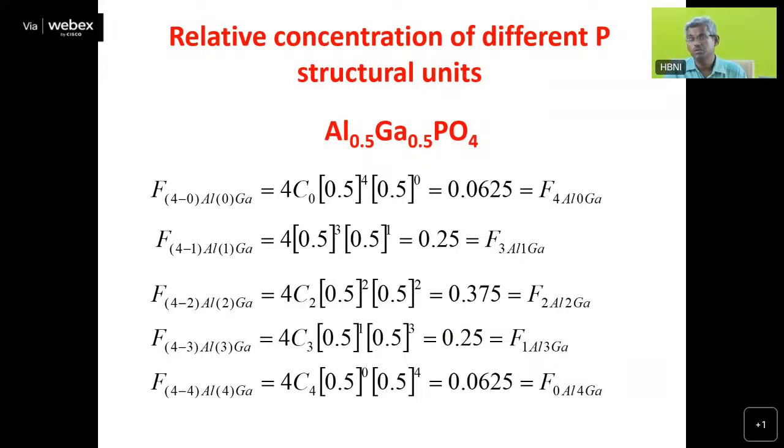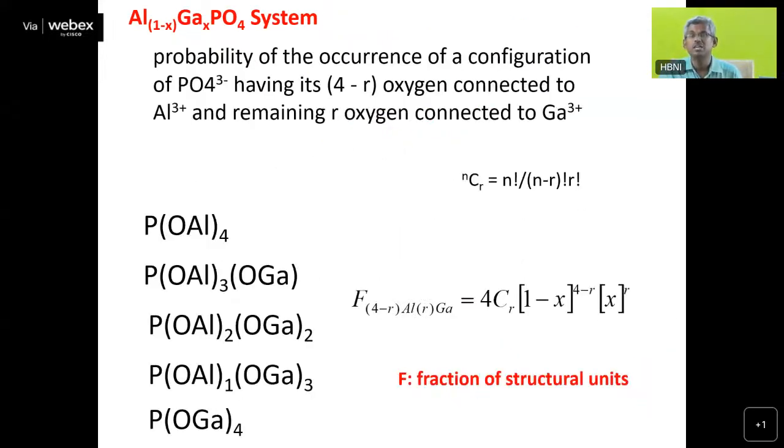Using this expression, nCr is nothing but n factorial divided by (n minus r) factorial into r factorial. So 4C2 is 4 factorial divided by 2 factorial into 2 factorial. Now 2 factorial is nothing but 2 only, so 4 by 4 will become 1.